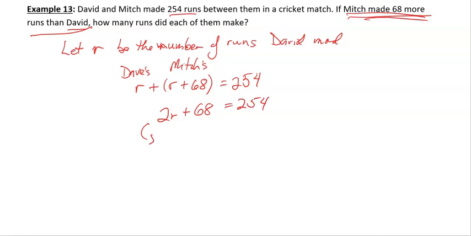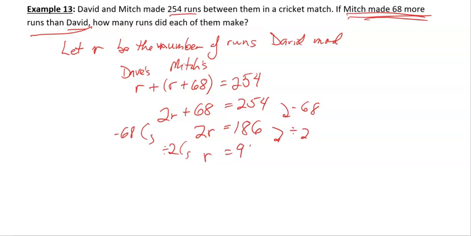And then we just subtract 68 from both sides. That gives us 2 times the number of runs, which is 186. Divide that by 2, and that gives us 93. Therefore, we have to put it in words.